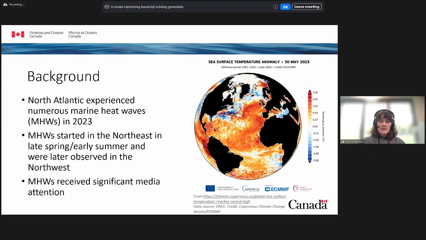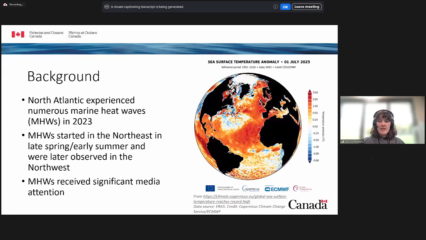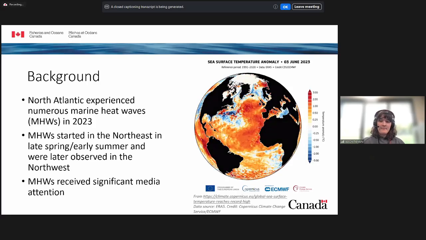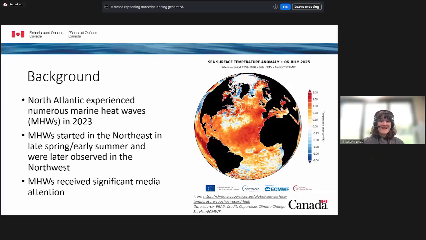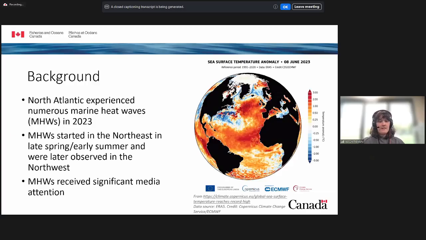Strong positive anomalies in the red and orange colors are indicative of marine heat wave conditions. These strong anomalies started in the east in the spring and were later detected in the west in July. Now, these marine heat waves received significant media attention, which sparked public interest and raised concerns connected with the rising ocean temperatures and potential impacts on marine ecosystems and weather.